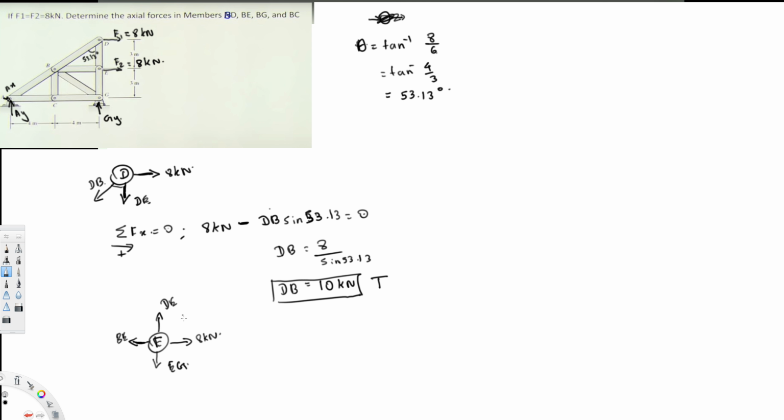The vertical forces are not going to come in if I take the horizontal. So let's do that. Sigma Fx is equal to 0 in statics, and if I take this direction positive, 8 is positive, minus BE is equal to 0. Therefore BE is equal to 8 kilonewton, and the answer is positive, therefore it's tension.